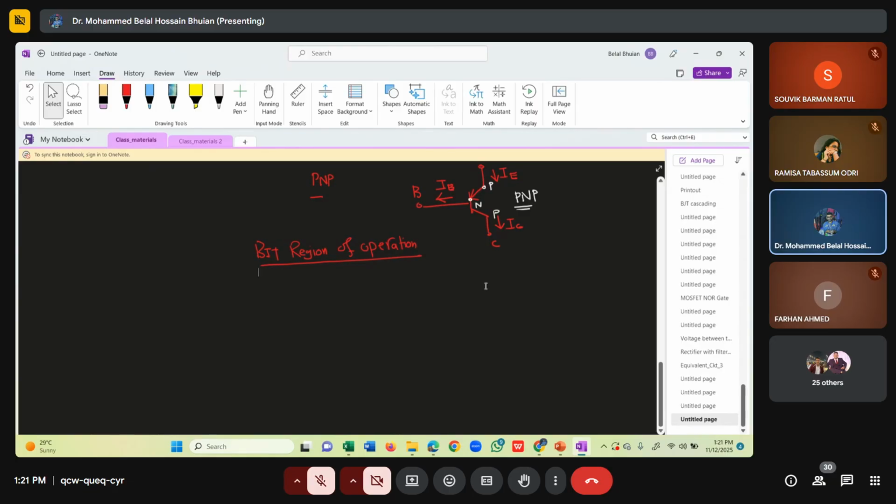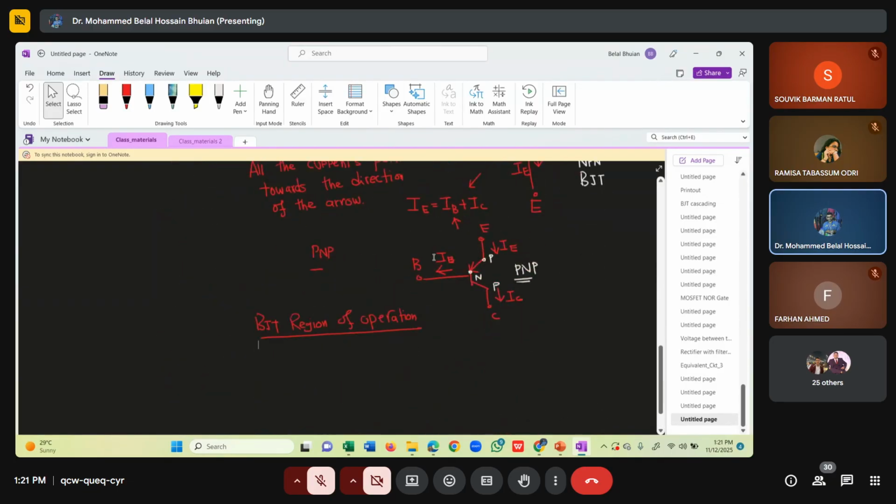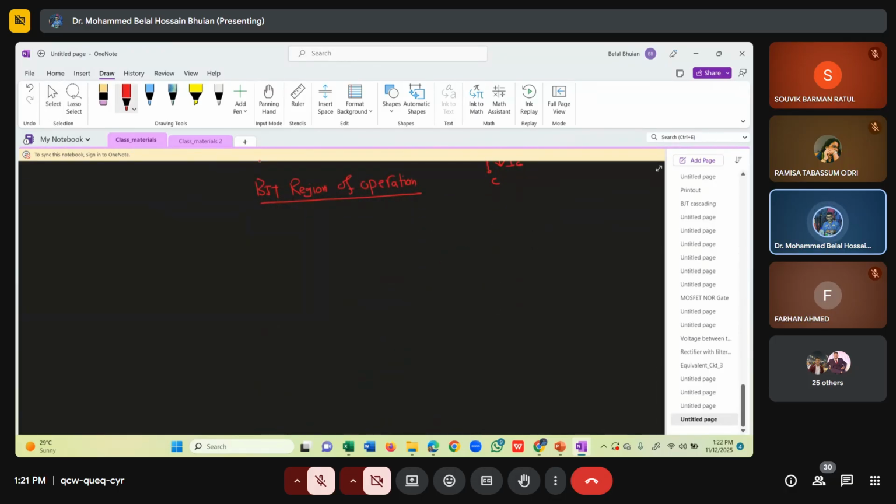Similarly, the BJT can have multiple regions of operation. How can you determine which region the BJT is operating in? Okay, so let me draw. Let's say we take a normal diode.